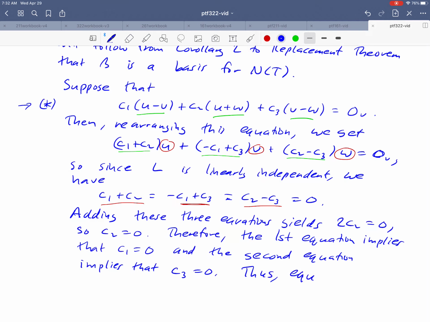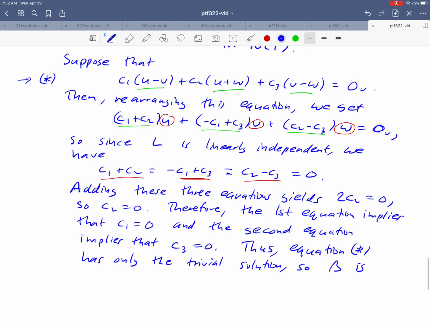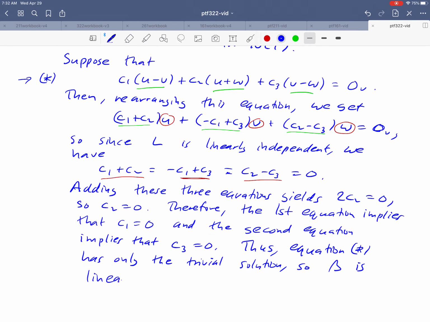Let's put that into words. Equation star has only the trivial solution, and so the set beta is linearly independent. By the remarks that we made above, that's all we need to show.